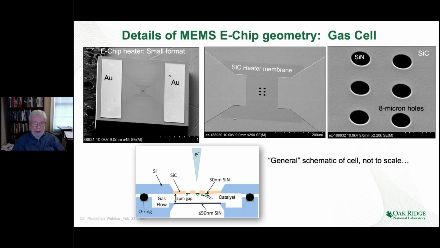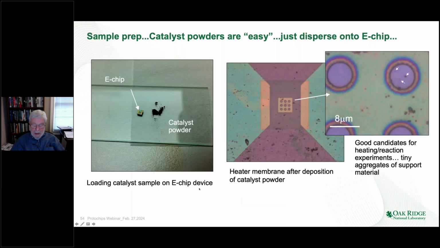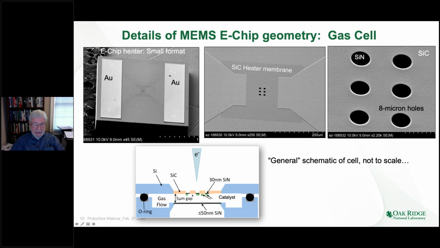But just to emphasize again, this schematic shows the samples are placed on the bottom side of the heater. So the beam goes through the silicon nitride film, hits the sample material, and then scatters through. So all the resolution happens right here, by the way. So we don't lose resolution.